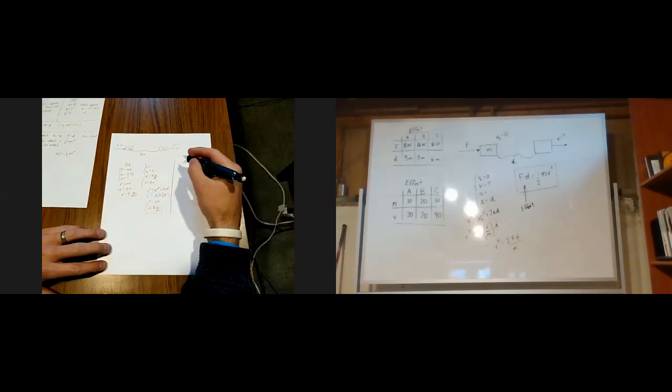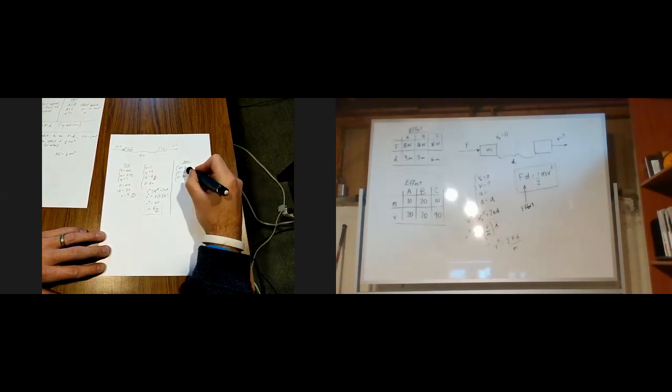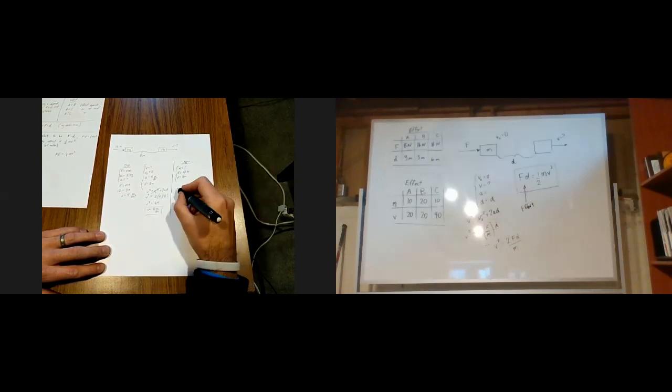So let's try it. If you pushed with a force of 12 newtons for a distance of 8 meters, how much work would you have done? By our definition, work is force times distance.